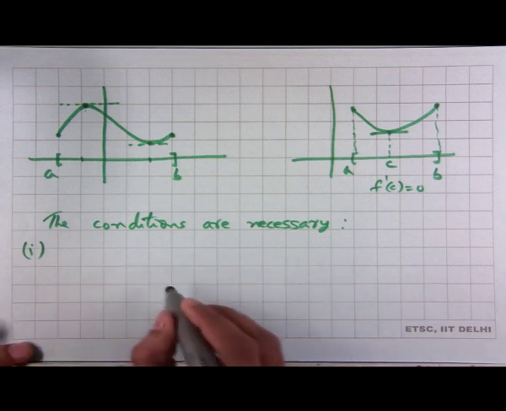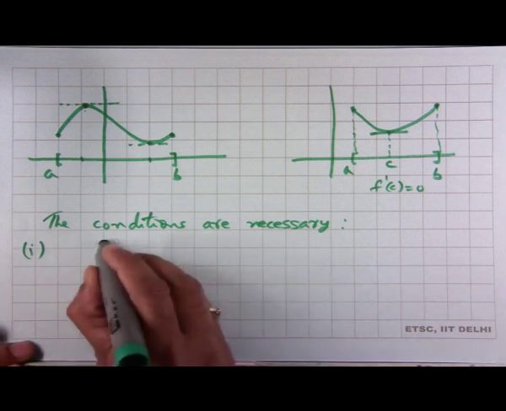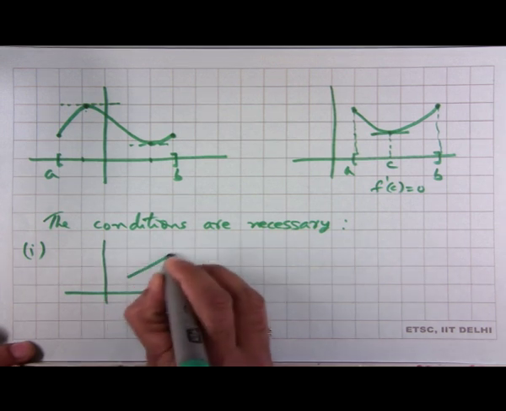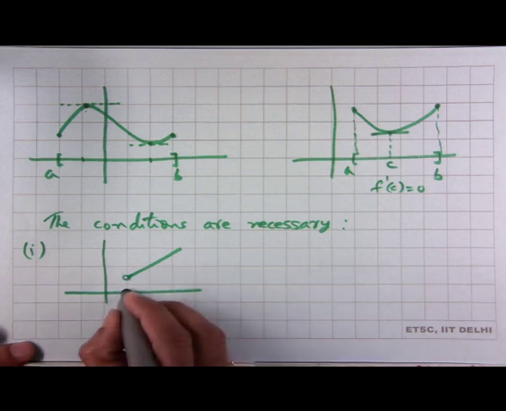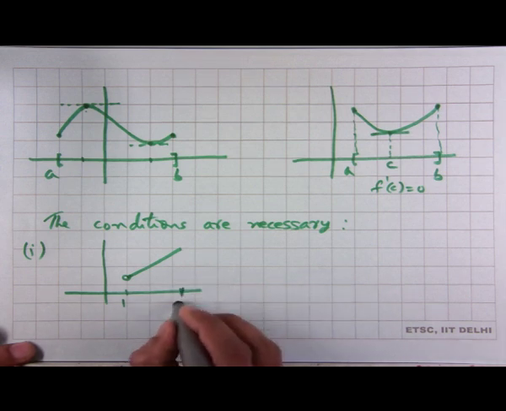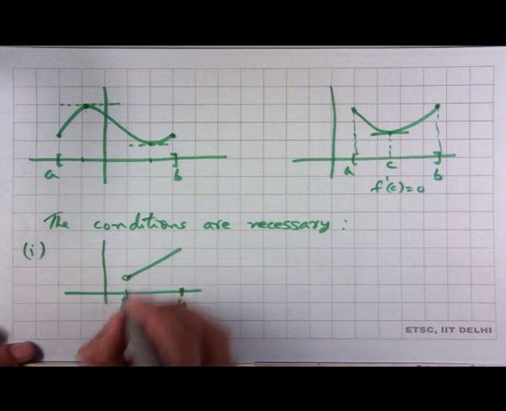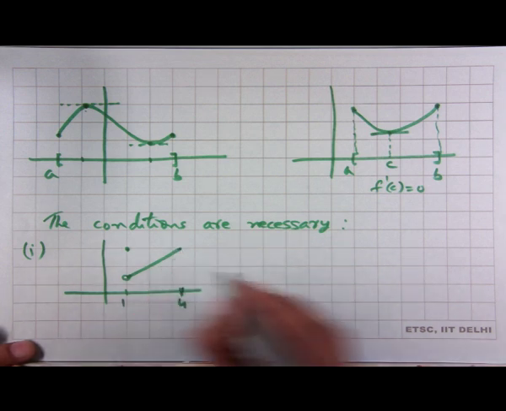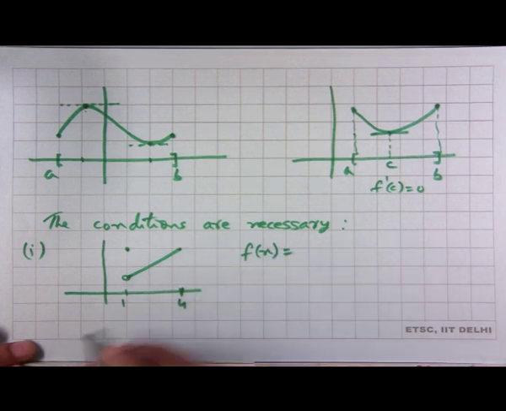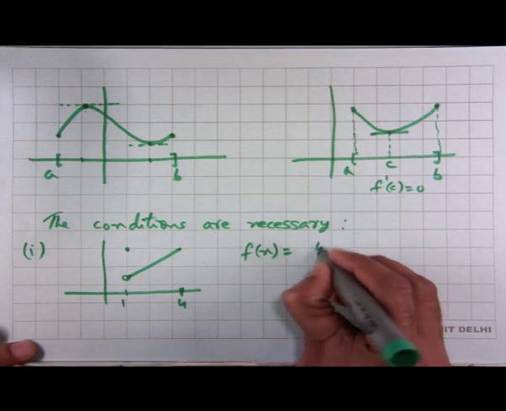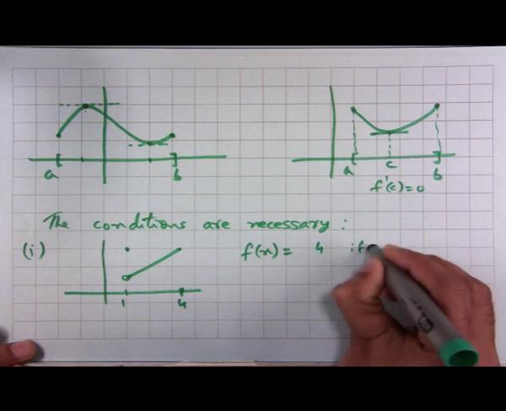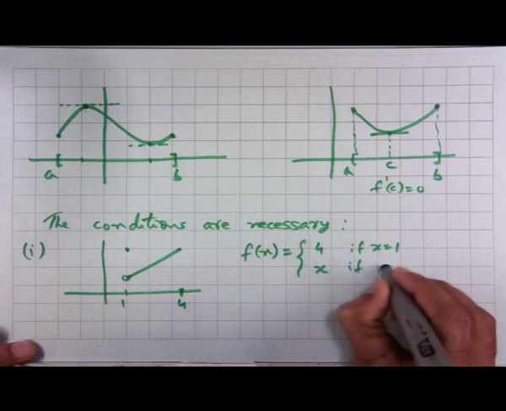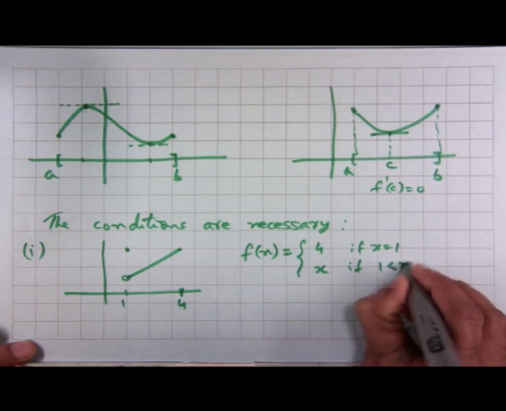Suppose we have this example, a function like this, and let us say this is 1 and 4, and I define the value of this function as follows: f(x) is equal to 4 if x is 1, and this is equal to x if 1 is less than x less than or equal to 4.